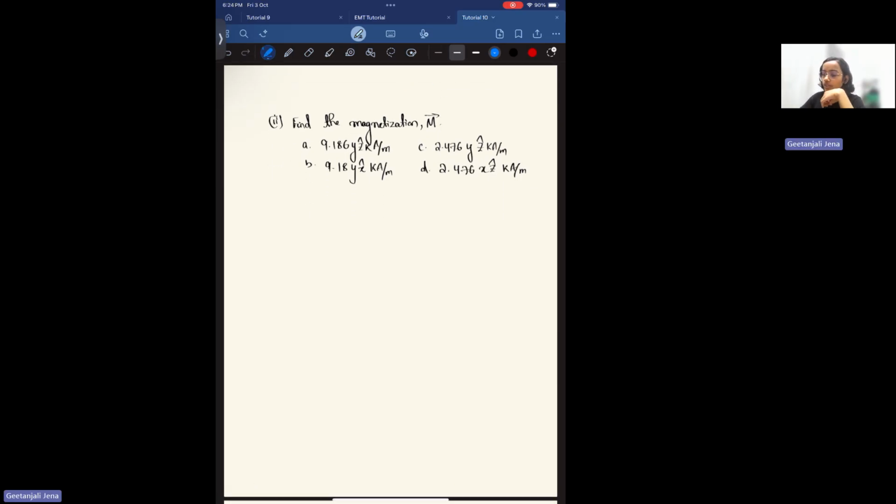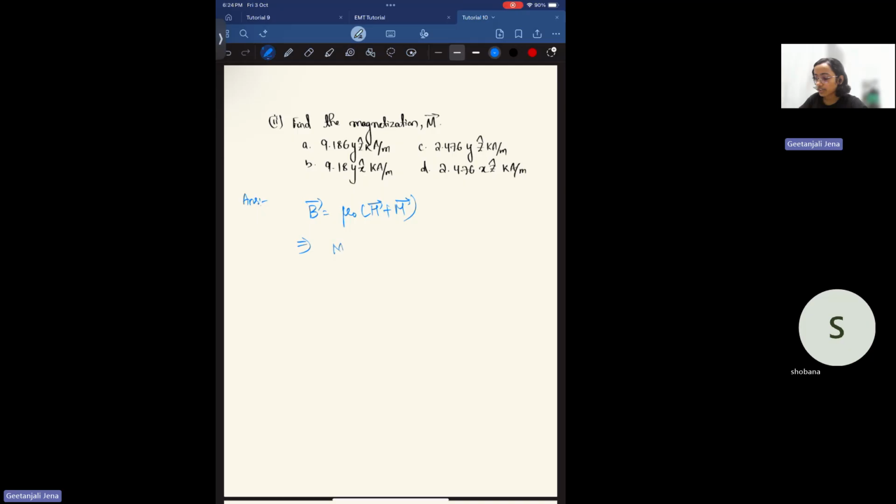For the second case, we need to calculate the magnetization M of this ferromagnetic material. So recall that we can write B is mu naught times H plus M. This is the general equation, whether the magnetic material is linear or non-linear, it is always valid.